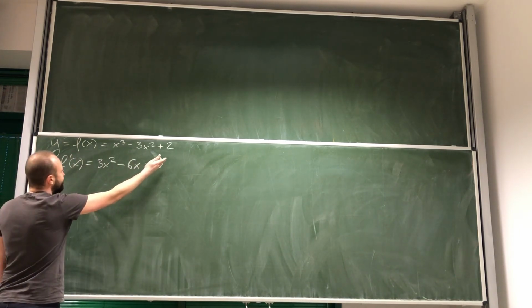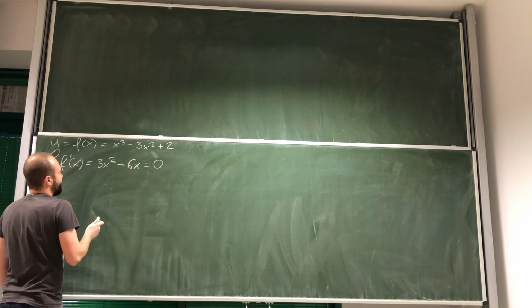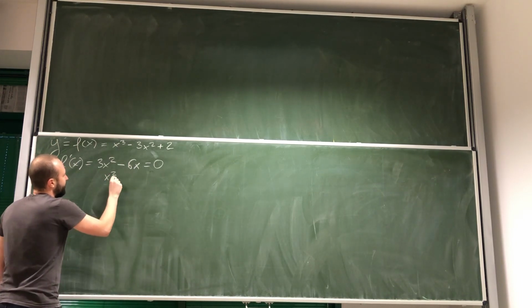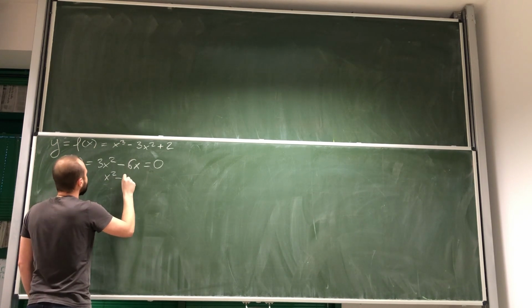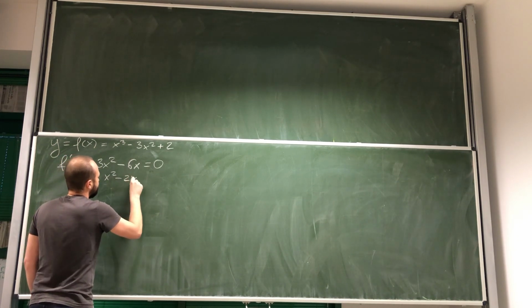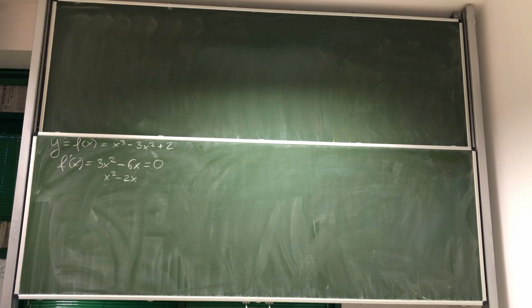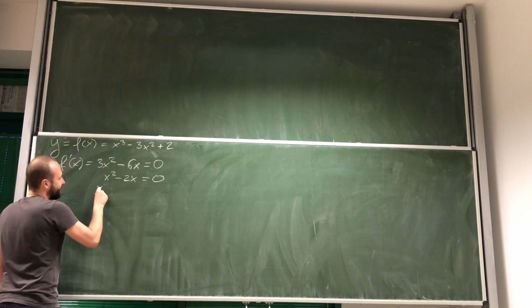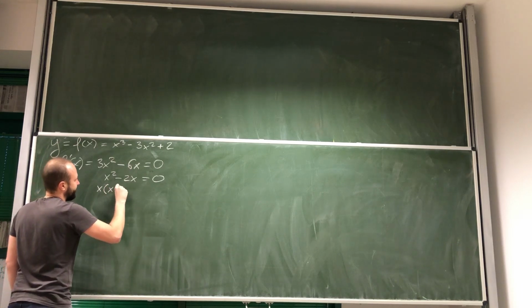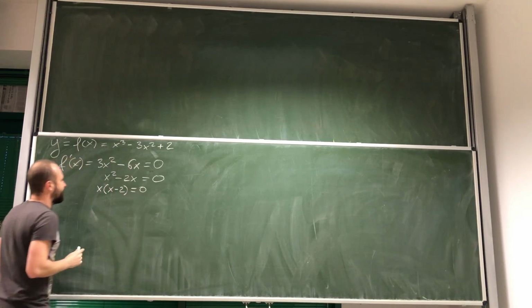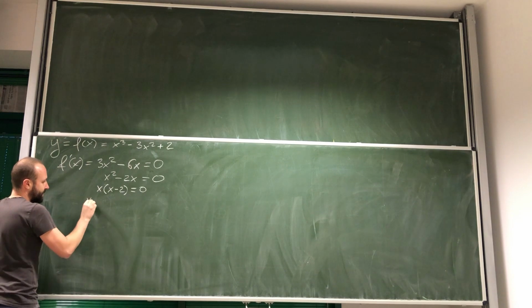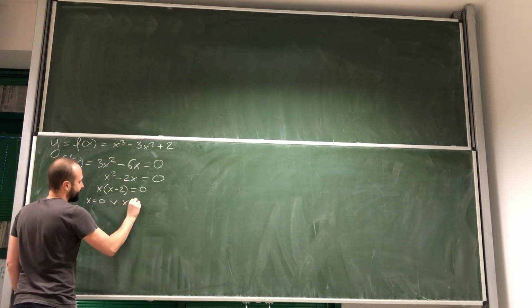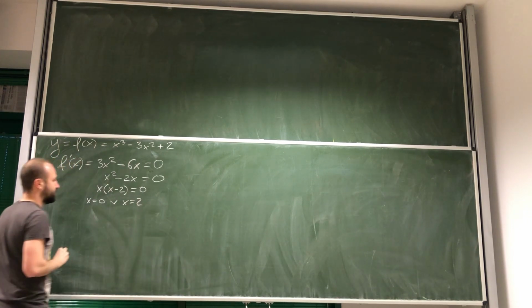Because look, I can easily divide both sides by 3, so I'm getting that x squared minus 2x equals 0. So this is x times (x minus 2) equals 0. And in this case, of course, x is either equal to 0 or x is equal to 2.